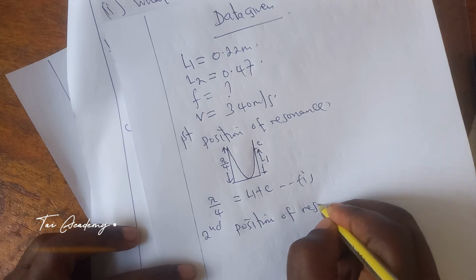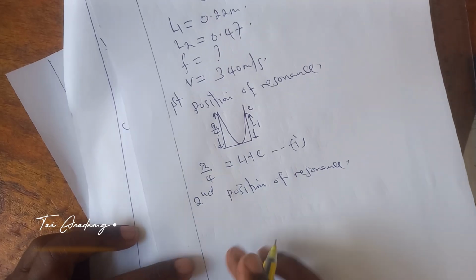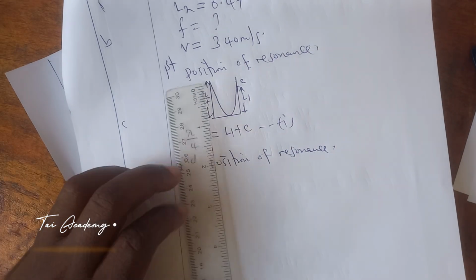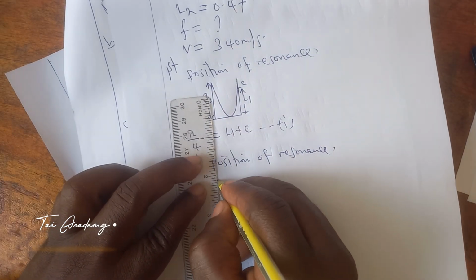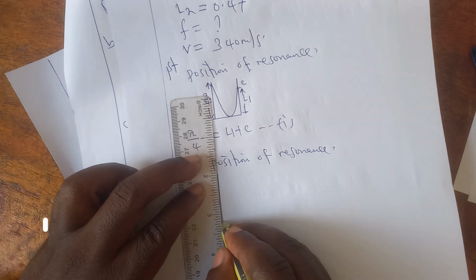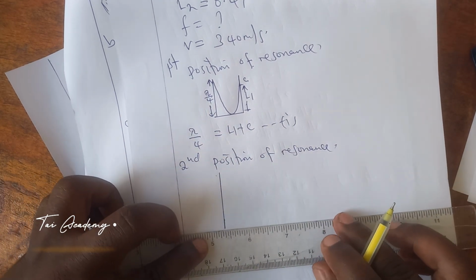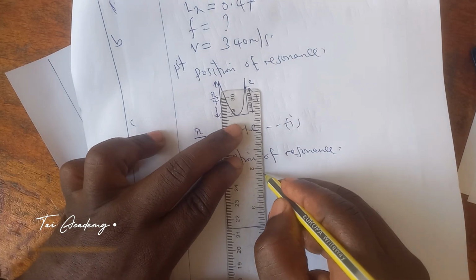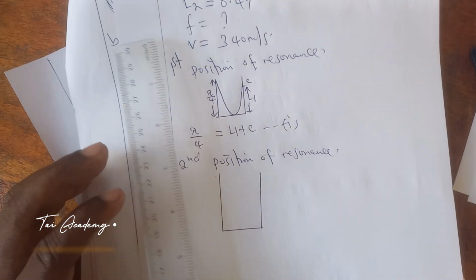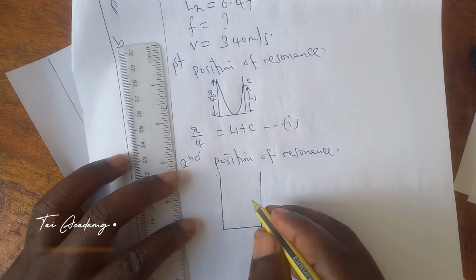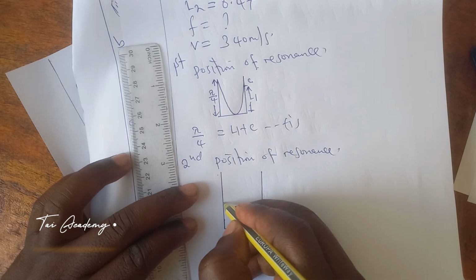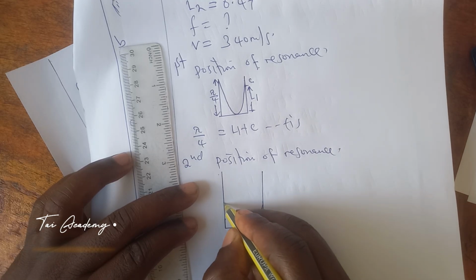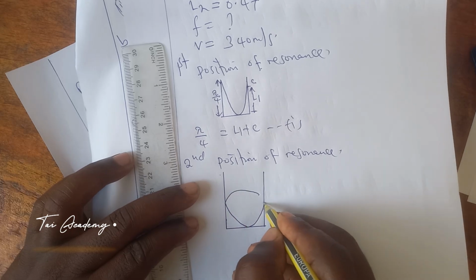Second position of resonance, that is what we have drawn here, the second position of resonance. By giving a simple sketch, a student can gain enough knowledge.